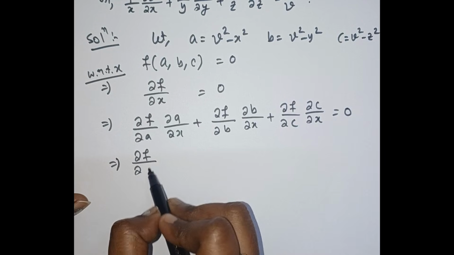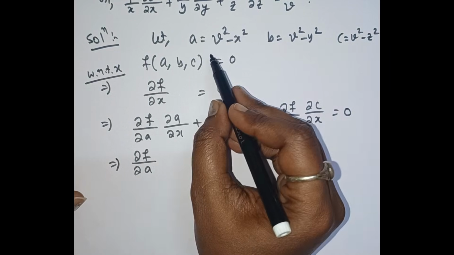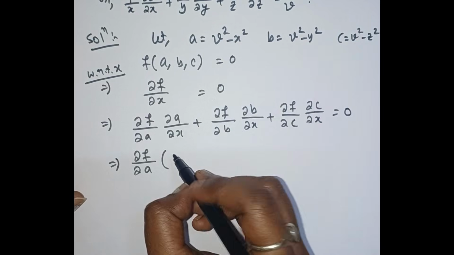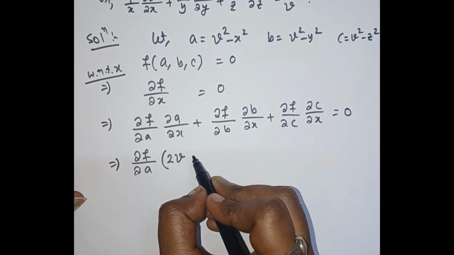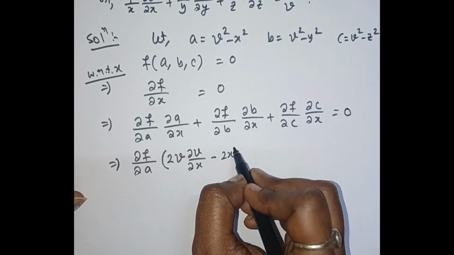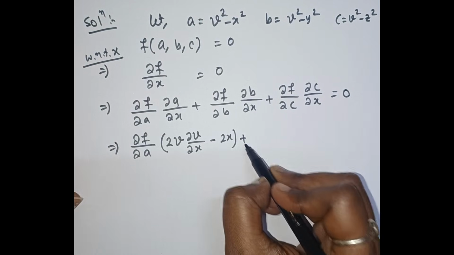Now del f del a, and what is the value of del a del x? A equal to v square minus x square. So it will be 2v del v del x minus 2x. Why? Because v is a function of x, y, z.